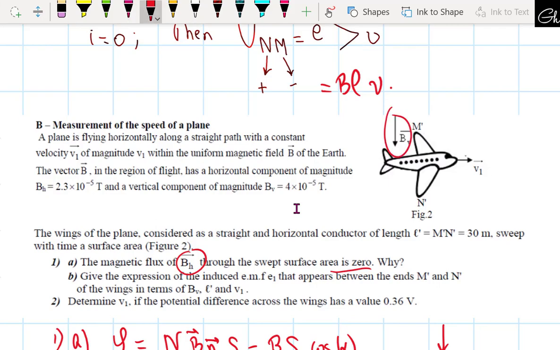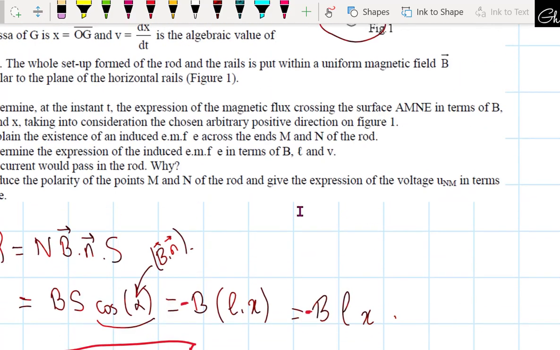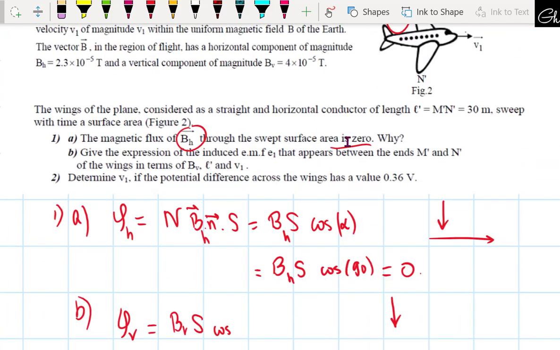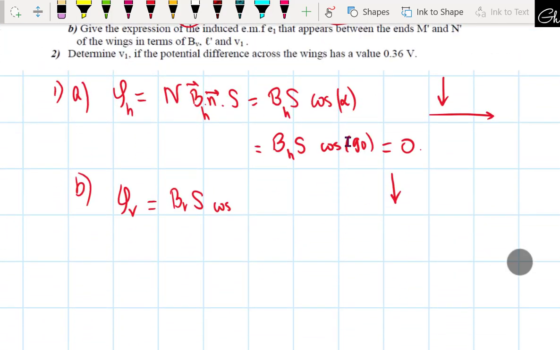It's vertically downwards, and N, I'm going to take the same N, which is vertically downwards also, so the angle will be 0. So in this case, this is B vertical and this is N, while in the previous part this is B horizontal and this is N.